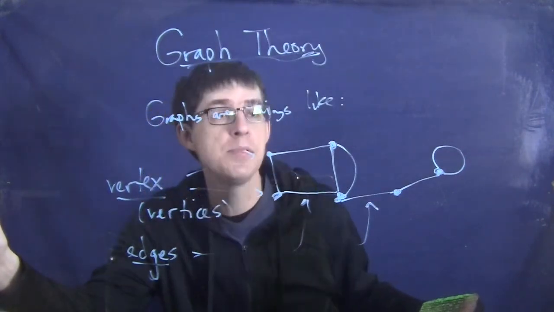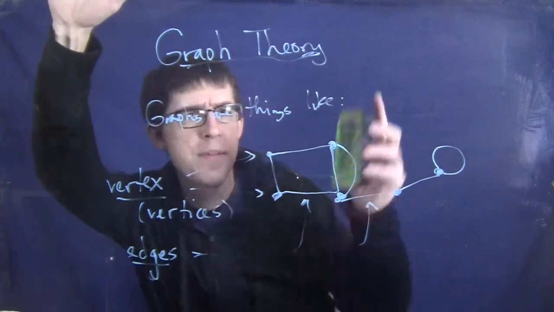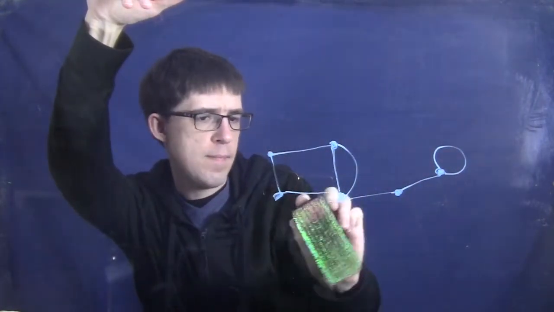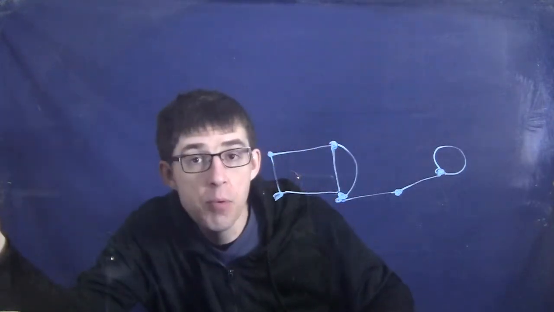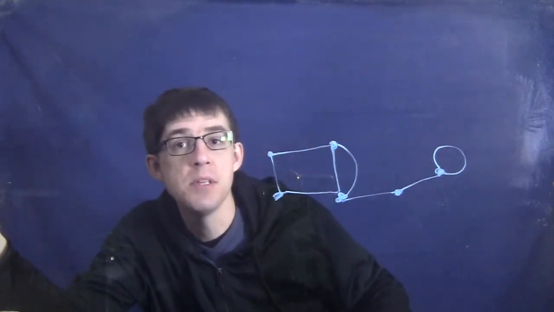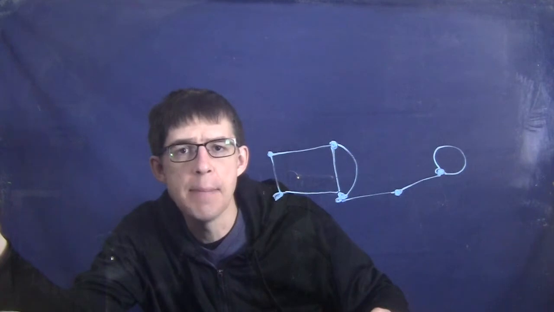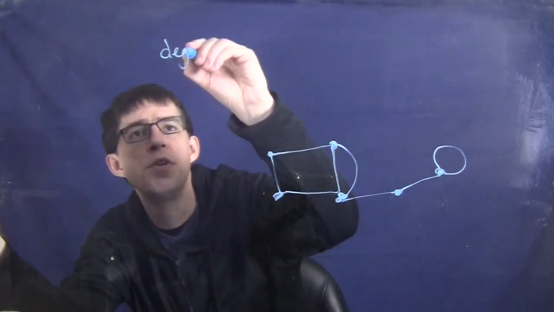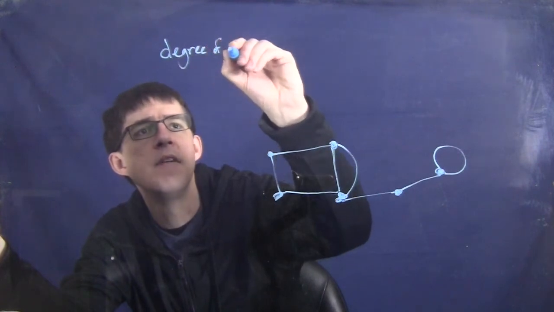All right, let's talk about some more interesting terminology, perhaps, and then we'll get to talk about why these things are useful for anything. One very important concept in graph theory that comes up a lot in the applications is what we call the degree of a vertex.